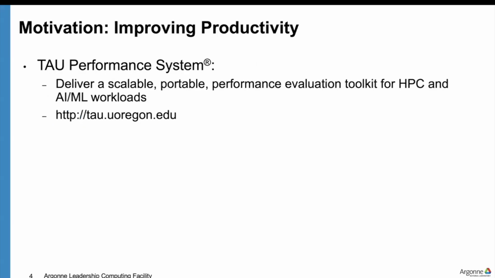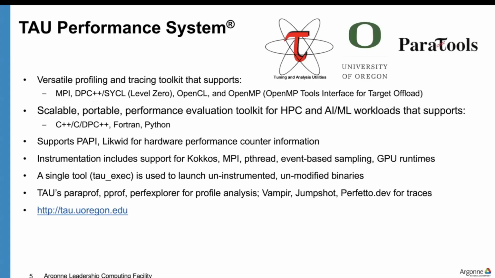So our aim is to deliver this scalable toolkit, and it's a versatile profiling and tracing toolkit that supports many different runtimes. These include MPI, DPC++ SYCL with Level Zero, OpenCL, OpenMP, even using the OpenMP tools interface for target offload directives. These may be runtimes that you are familiar with and using already, and also Python.